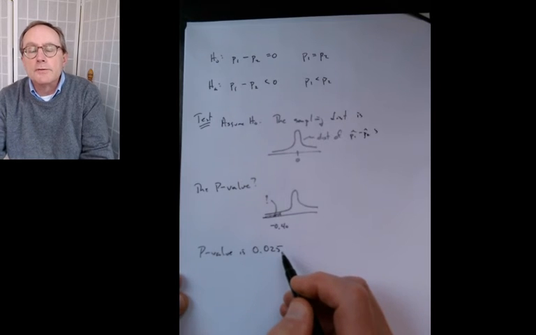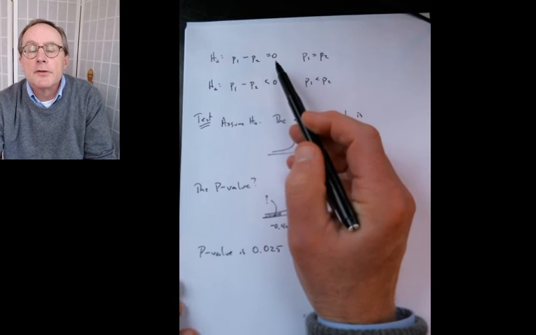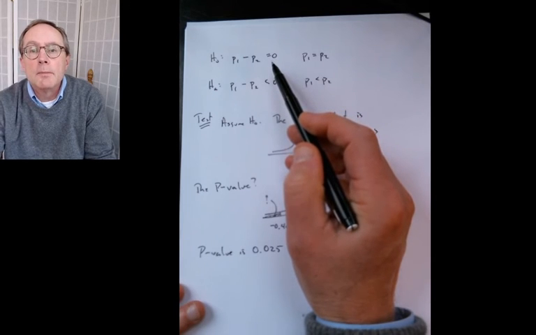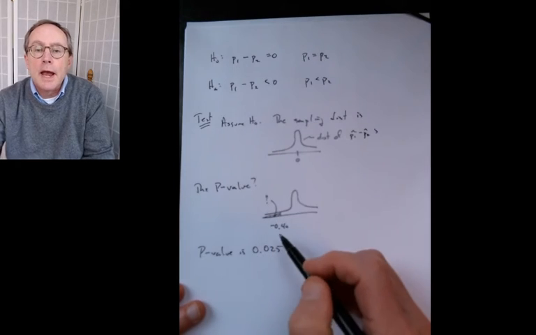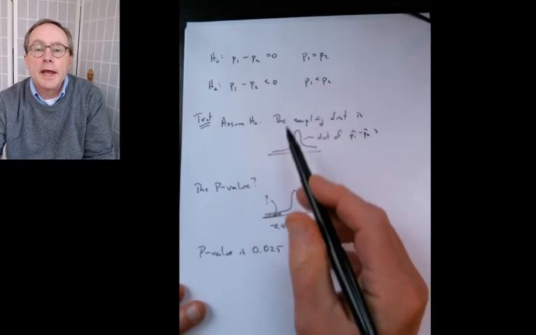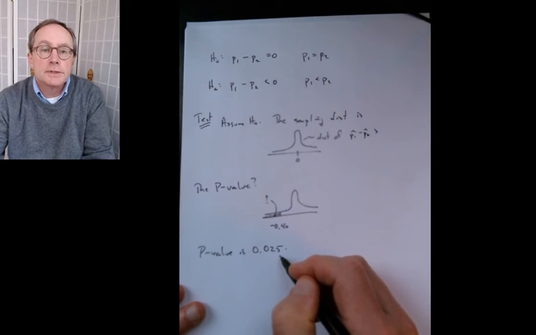Now 0.025 is pretty low, 2.5%, pretty low. So the null hypothesis people are saying that P1 minus P2 is 0, and we say, well, we took a sample, and in the context of what you're saying, the sample had a very small chance of happening, only 2.5% chance of happening.